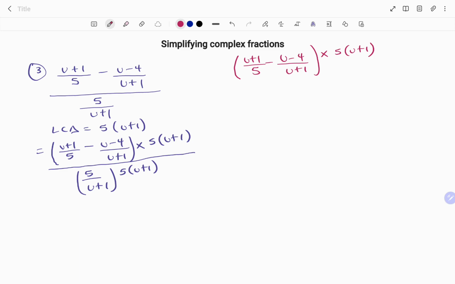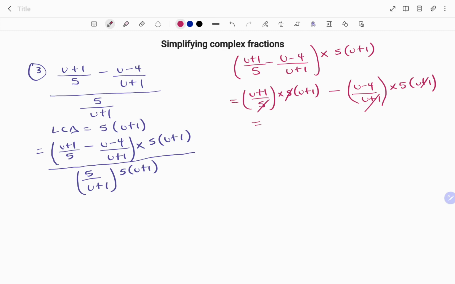So that will give us u plus 1 over 5 times 5(u plus 1), minus u minus 4 over u plus 1 multiplied by 5(u plus 1). 5 cancels here, and then u plus 1 cancels here.